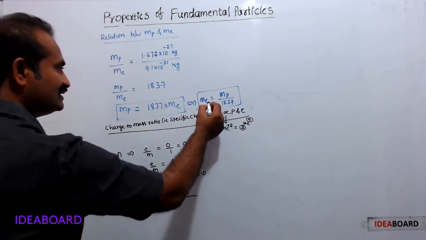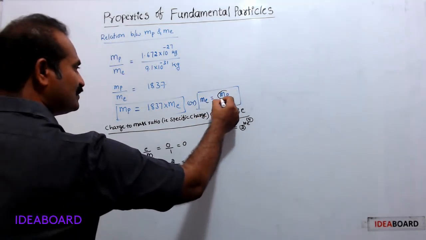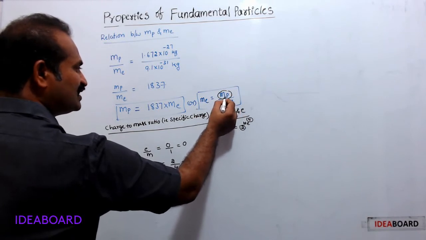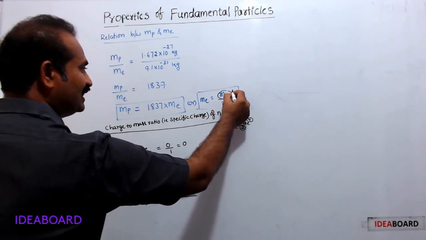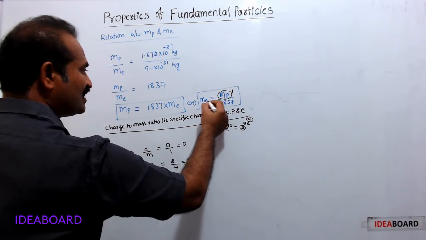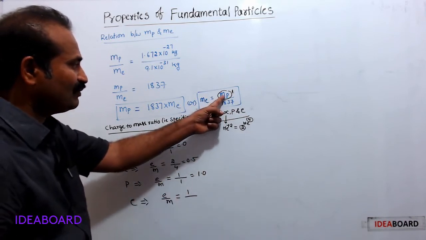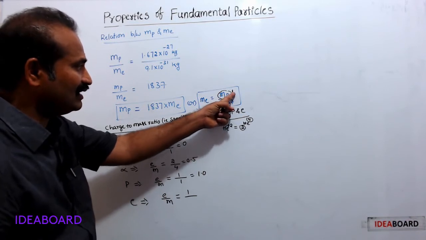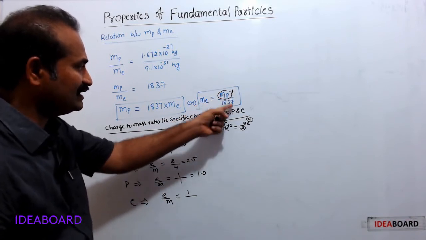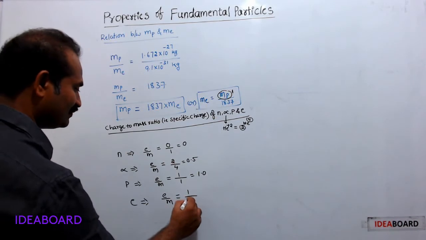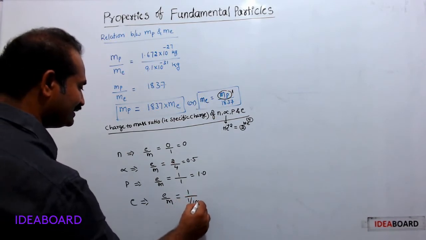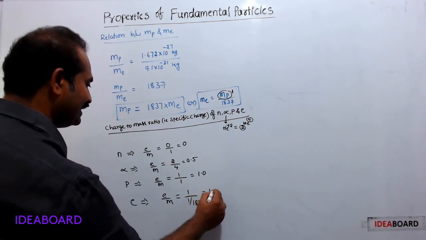Mass of electron: if you take relative quantity, relative mass of proton is 1. Then relative mass of electron is 1 by 1837. Then you will get 1837.